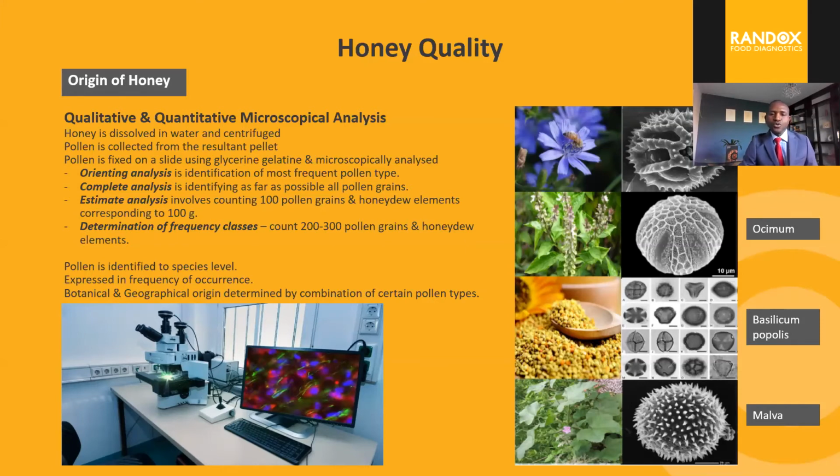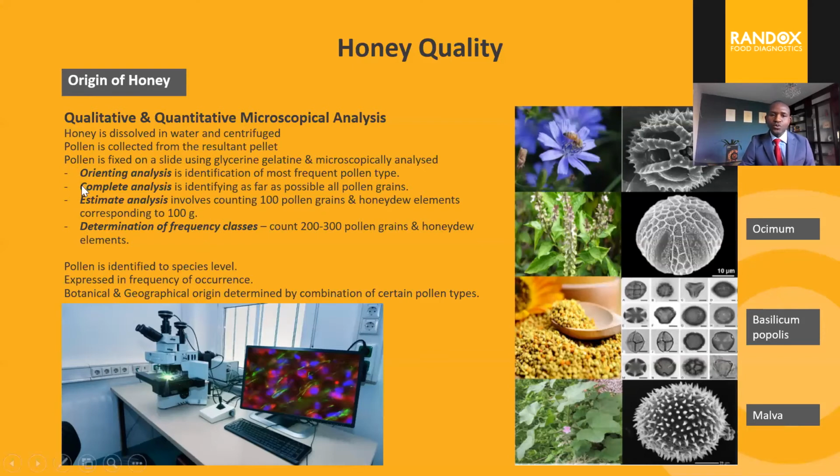So if a bee goes to one type of plant to collect nectar, it will carry one type of pollen. If it visits another flower, it will carry a different type of pollen. Therefore, when you analyze that honey, you will find that it is composed of different types of pollen. And this is done microscopically.